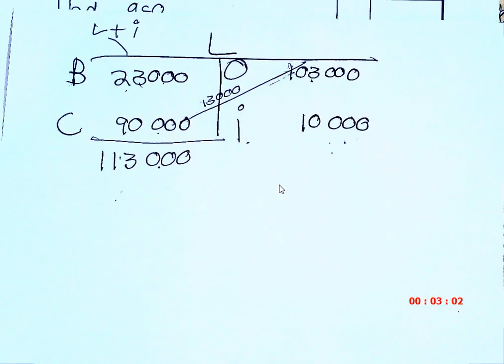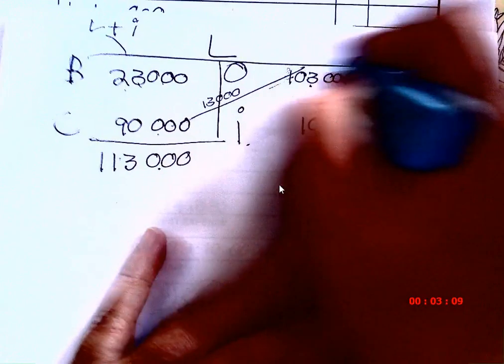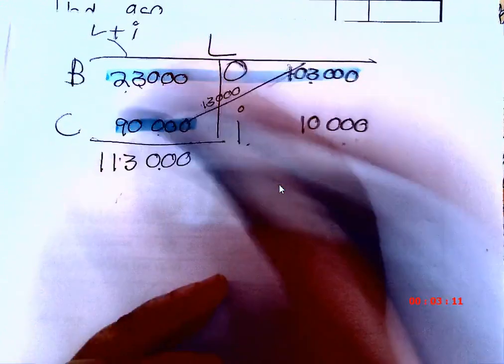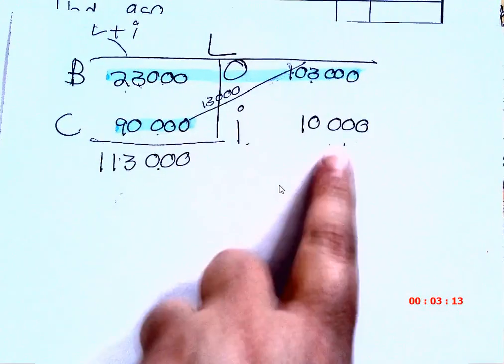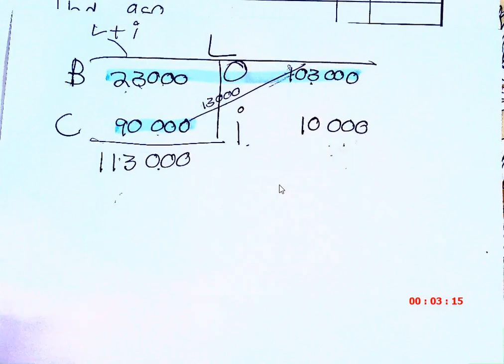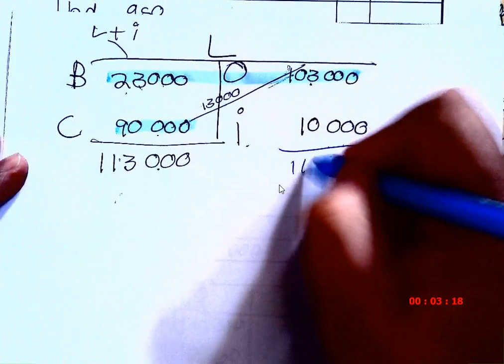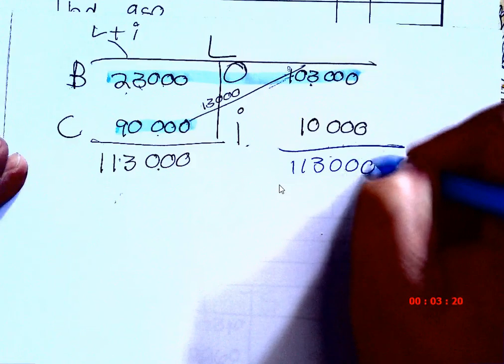I can do it one of two ways. I can literally take the 103 less the 23 less the 90, and it will work out on 10. Né? Because this also adds up 113. Né?